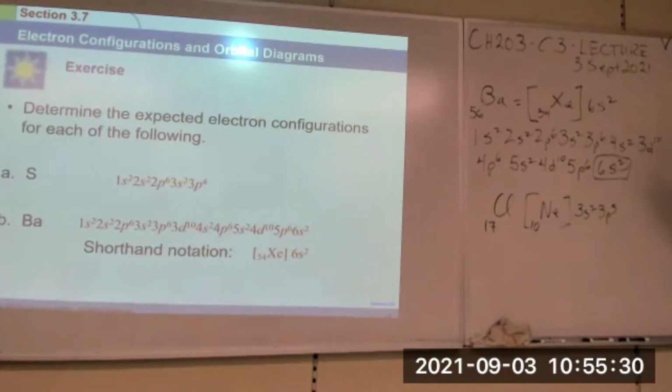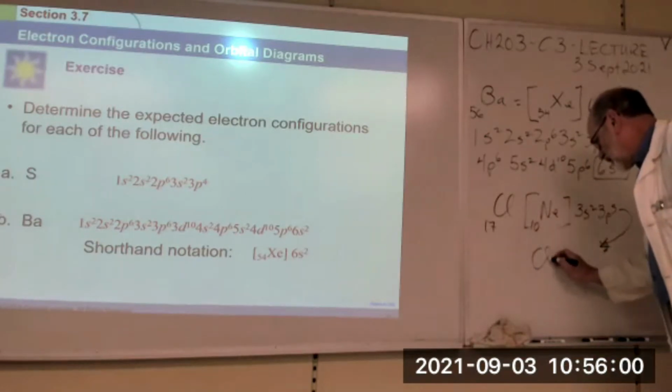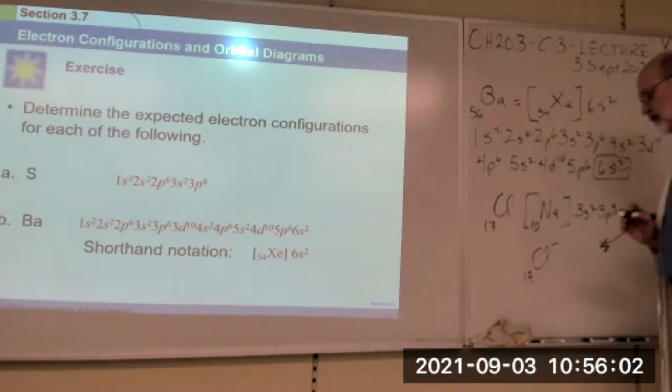Okay, 7 electrons. It needs 1 more to look like argon. If we add 1 electron, we can get to argon. Or we can take away 7 electrons and look like neon. Which one's easier? Add 1 electron. Energy-wise, that's easier. If you add 1 electron, your ion is 1 negative.